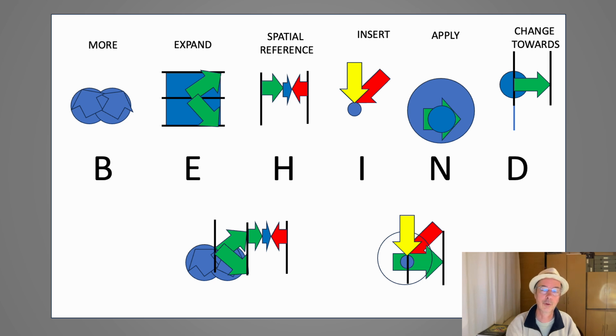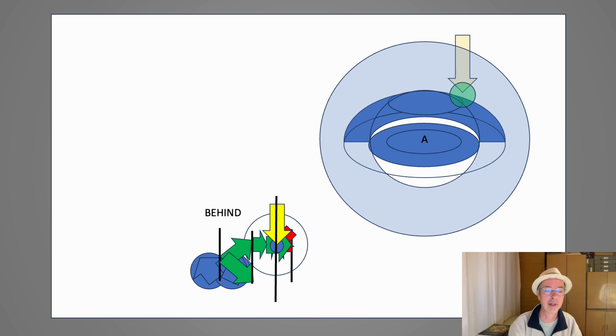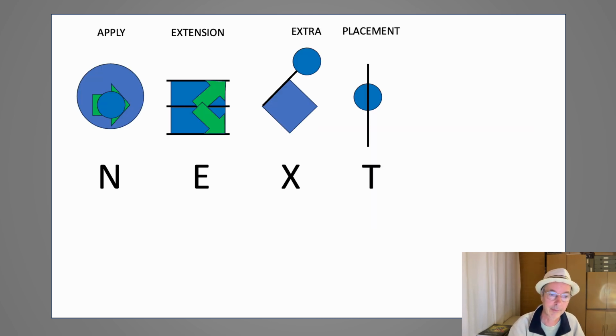So if I combine them, I have behind. If I apply this to the cup, it might not be so clear, but with the example it's more clear. With the behind, I can see I move in space behind the object where I insert the position where the marble or the association should be.